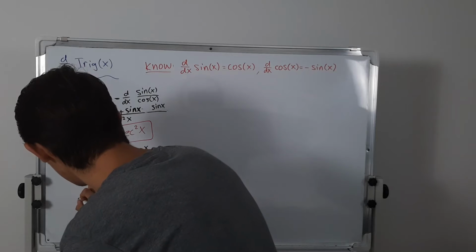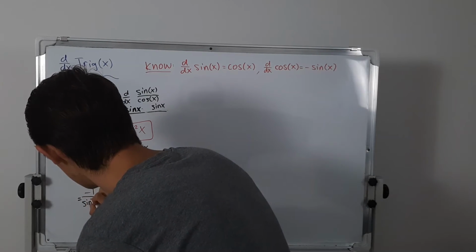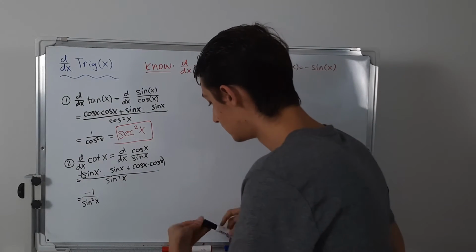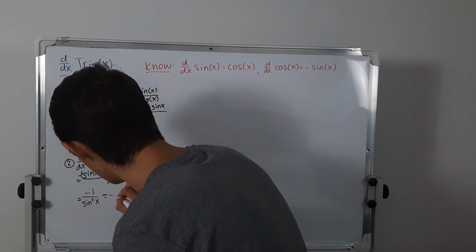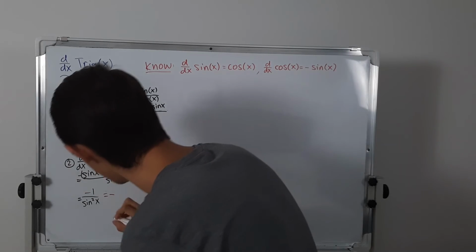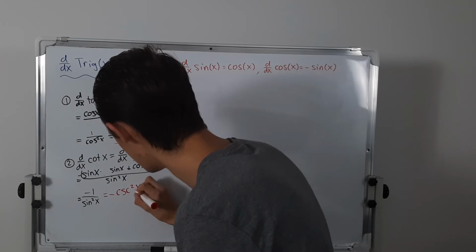So this is equal to negative 1 over sine squared of x, with the negative that we factored out. And this is precisely equal to negative cosecant squared of x.